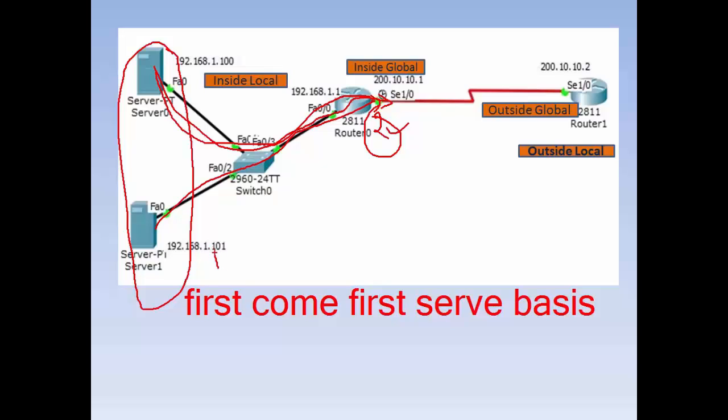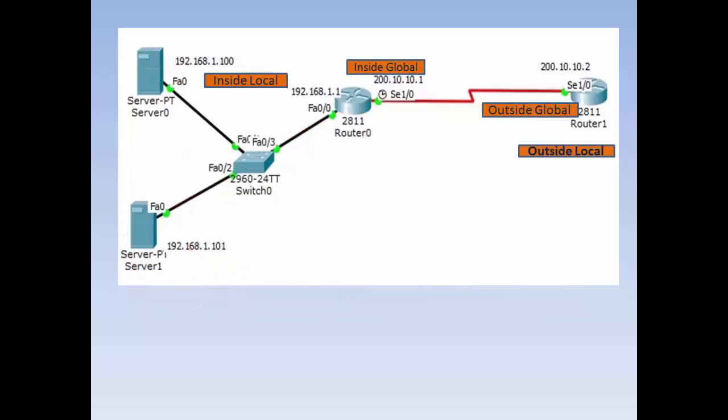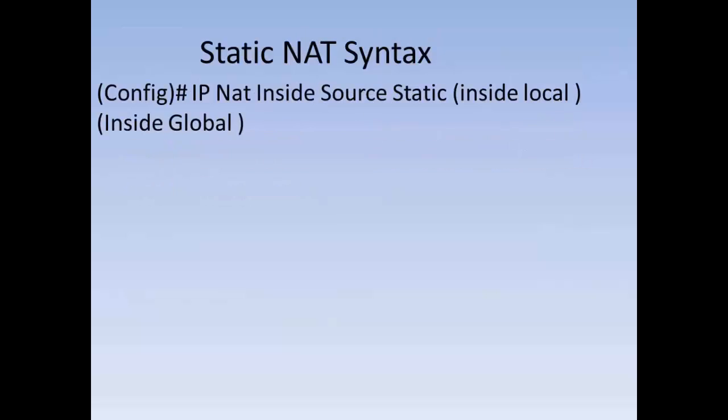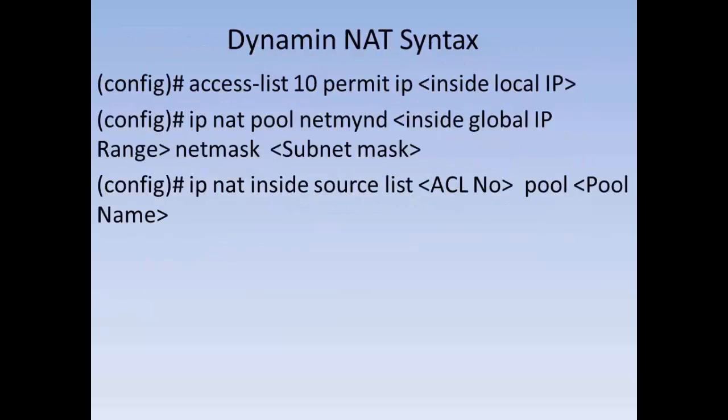Now if a third machine wants to access the internet, it has to wait until one of the IPs becomes free out of this pool. Until then, this machine has to wait. I will show you this practically when I go for the practical configuration. So the basics of dynamic NAT are clear.